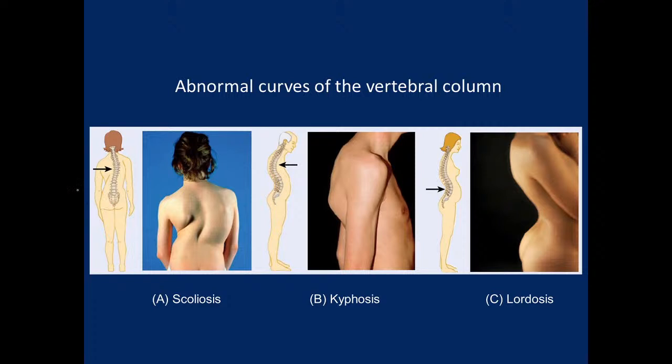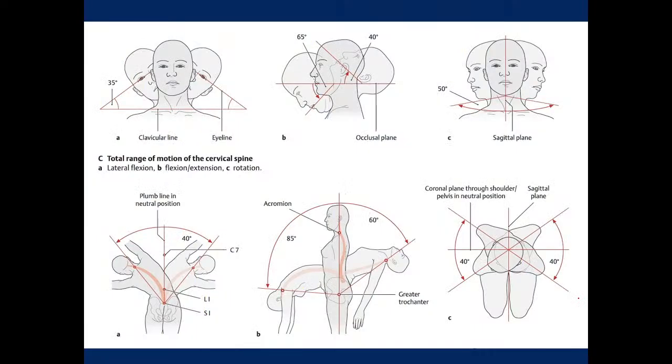And abnormal curves of the vertebral column are called scoliosis, hyperkyphosis and hyperlordosis. All of those are abnormal.